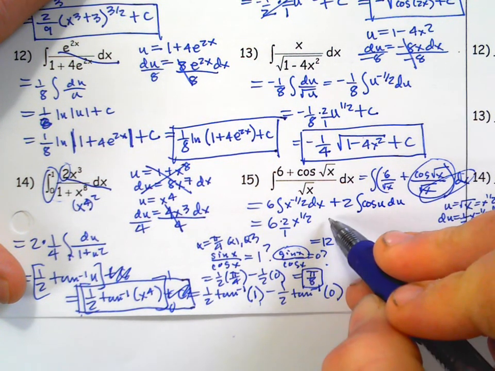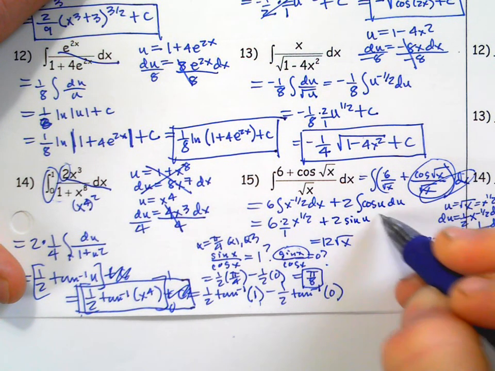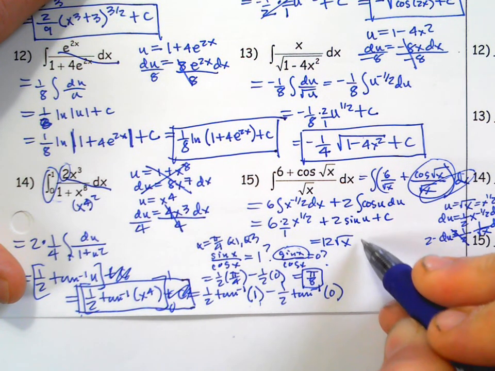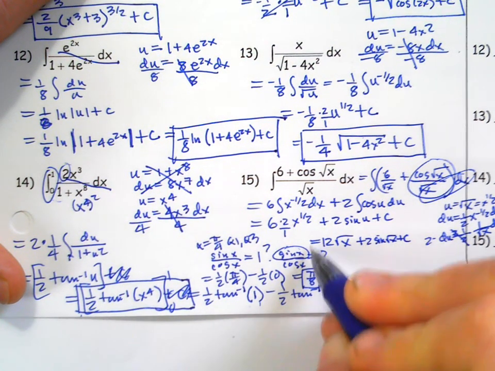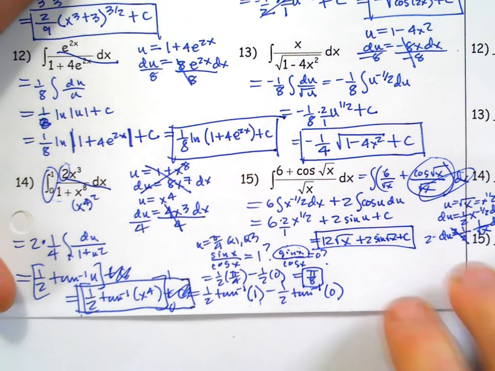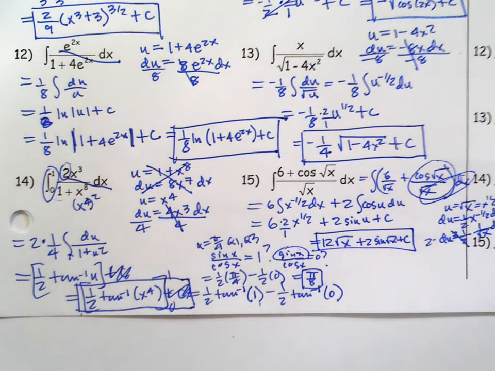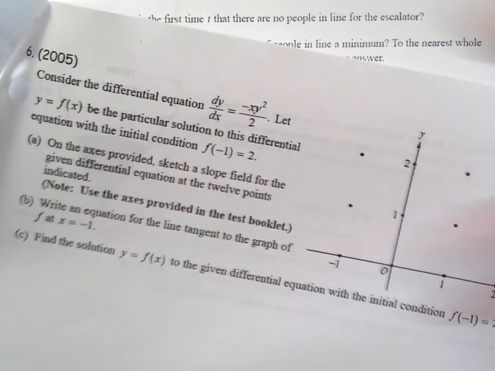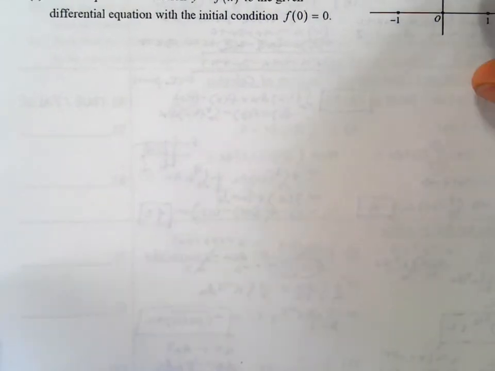So that's going to be 2 sine u plus c. So that's going to be 2 sine square root of x plus c. So only apply U-substitution to what you have to. So that was just some good basic practice. And I got a few more response problems here for you to try. So try those if you haven't yet.